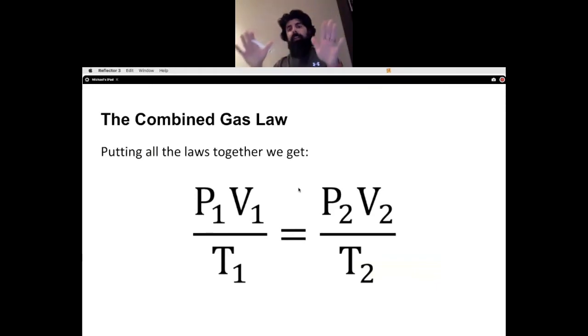So none of the values are considered constant, because they're all changing. Now, here's the thing. It's good to know Boyle's law, Charles' law, Gay-Lussac's law. But for argument's sake, technically, you could use this formula for every one of the questions that we've done.